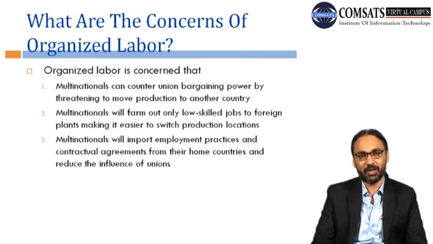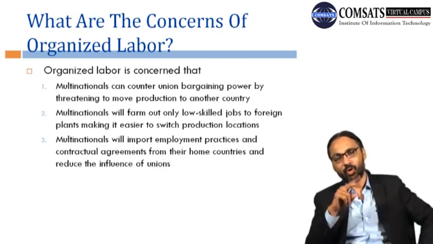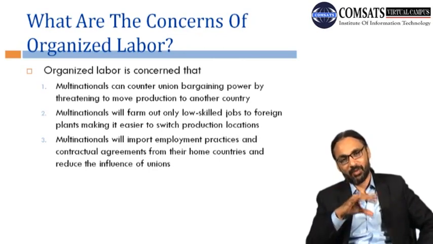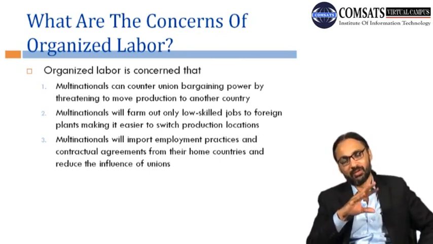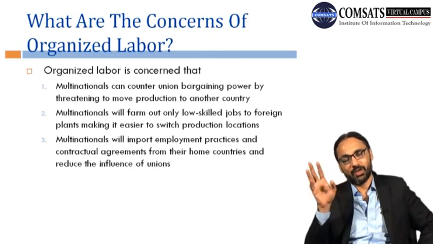At the initial level, they can have both plants: the main production plant in one country, for instance the USA, and in China only a low-scale plant where only low-skilled laborers are employed.